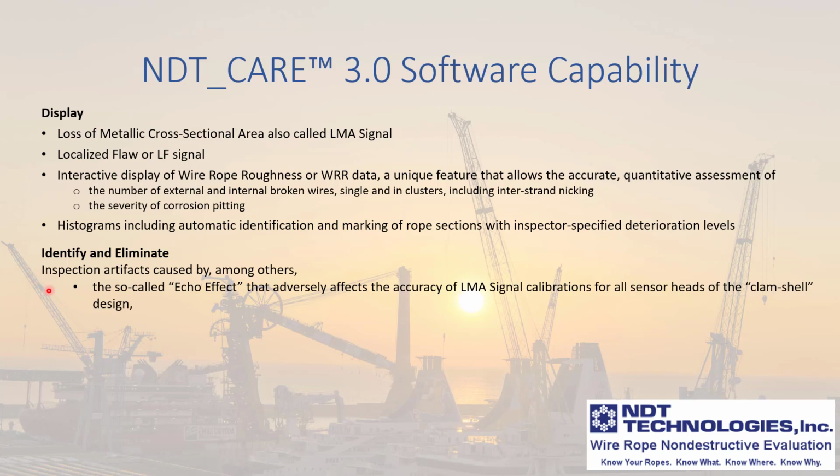We can identify and eliminate inspection artifacts caused by, among others, the so-called echo effect that adversely affects the accuracy of LMA signal calibrations for all sensor heads of the clamshell design.